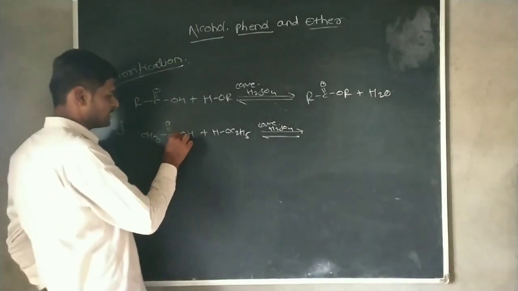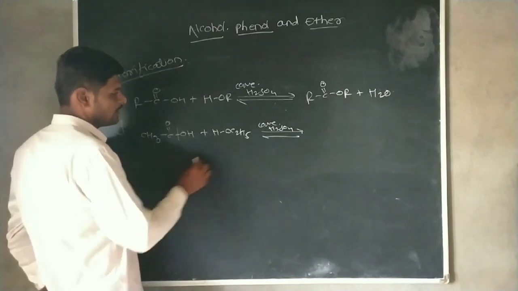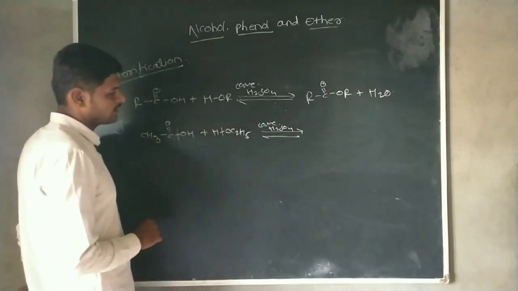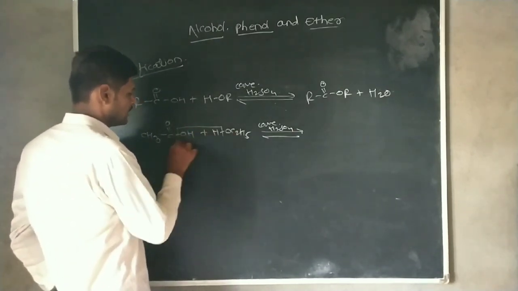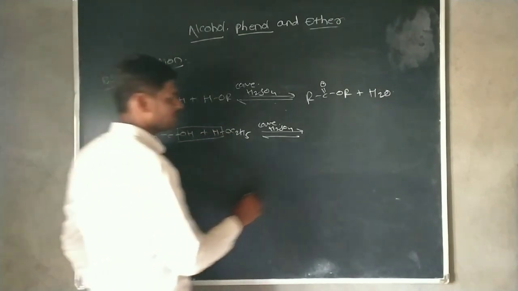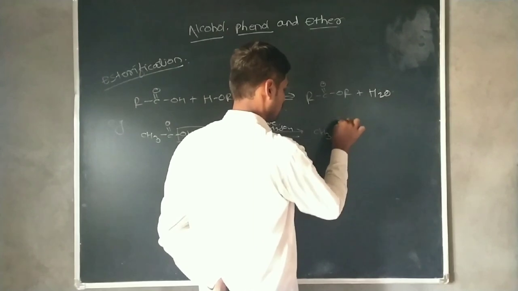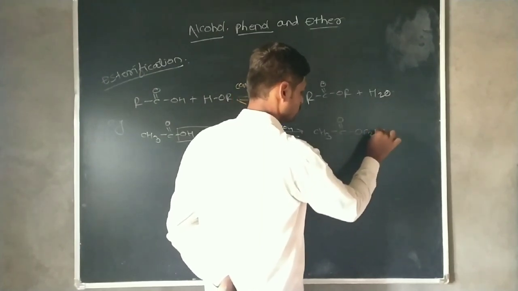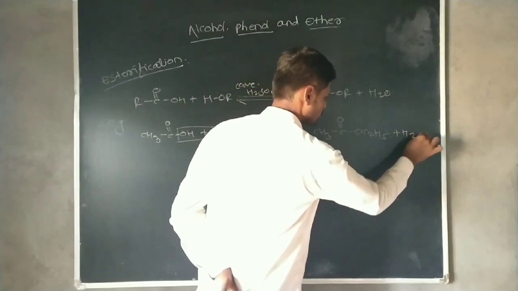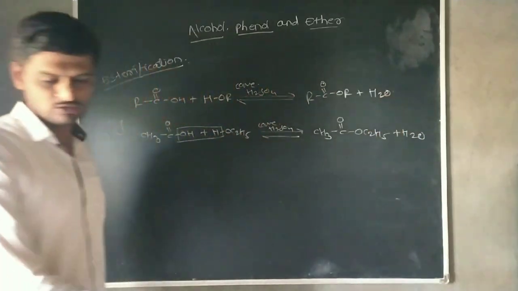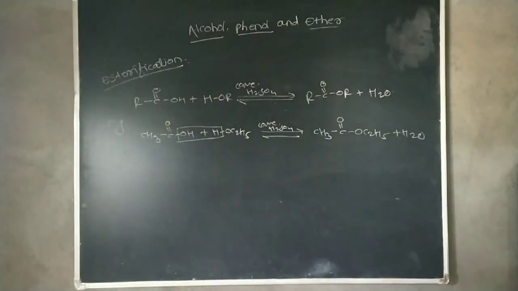Therefore, the bond breaks between carbon and oxygen atom, and also between oxygen and hydrogen atom, and there is the elimination of one water molecule. Then it forms CH3COOC2H5 plus H2O. This reaction is also a reversible reaction.